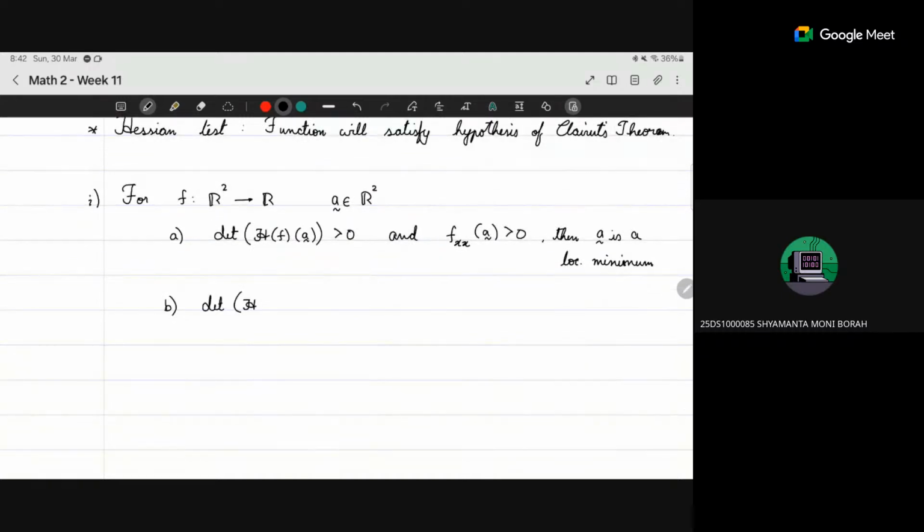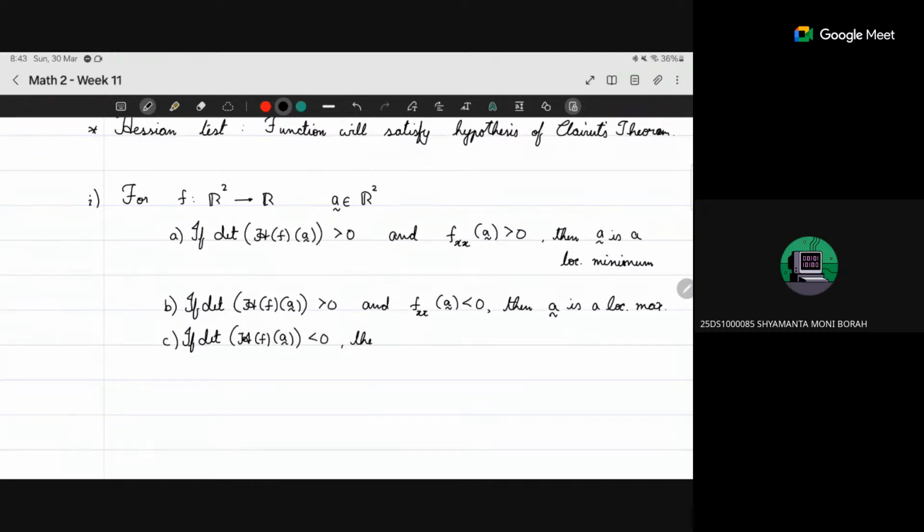If the determinant of HF at the point is positive and the first entry, the leading entry, is negative, then A tilde is a local maximum. If the determinant of the Hessian is less than 0, then A tilde is a saddle point.